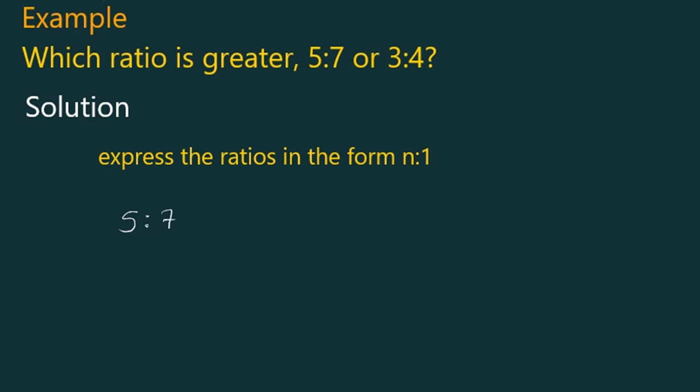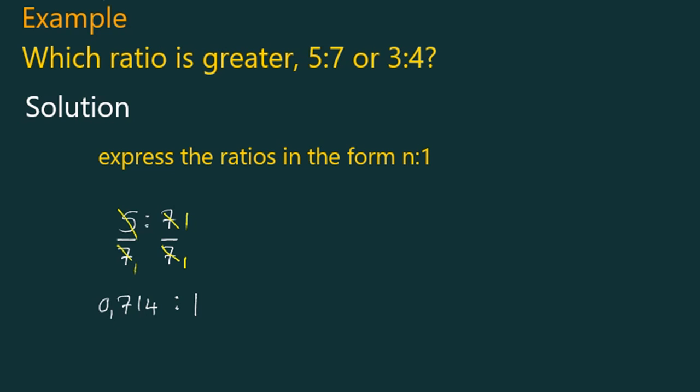So with our 5:7 in the form n:1, we divide by 7. 7 into 7 we get 1, and 7 into 5 we get 0.714. So the ratio 5:7 in the form n:1 comes out as 0.714 to 1.